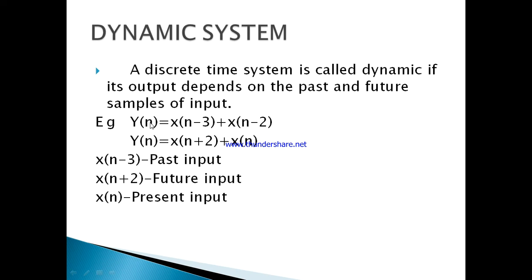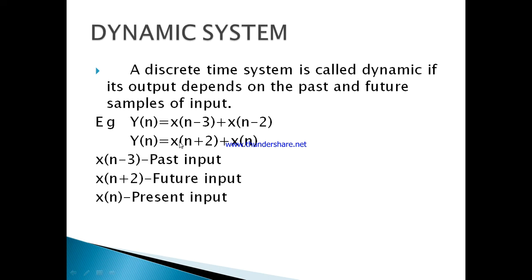Here n minus 3 is the past sample as compared to n, and here n minus 2 is also a past sample of input. So in the first function, the output depends on the past samples of input. So we are calling this a dynamic system.